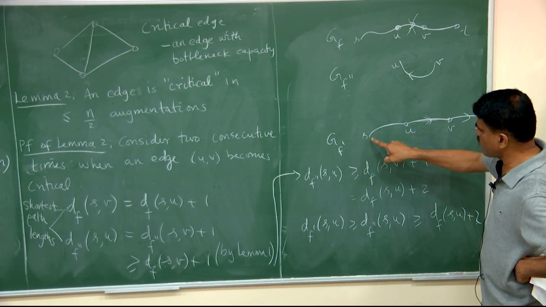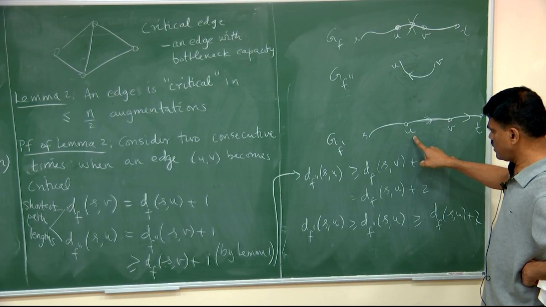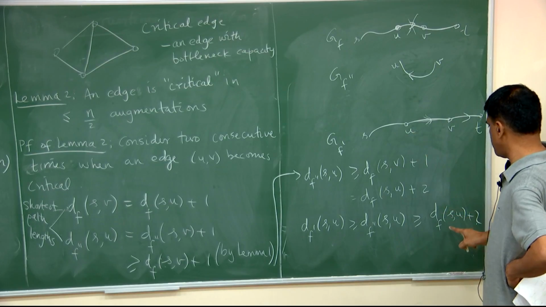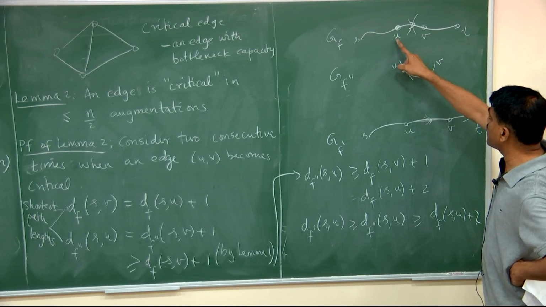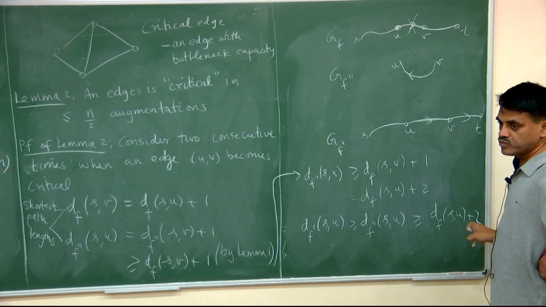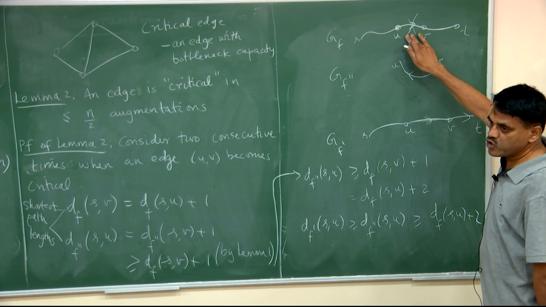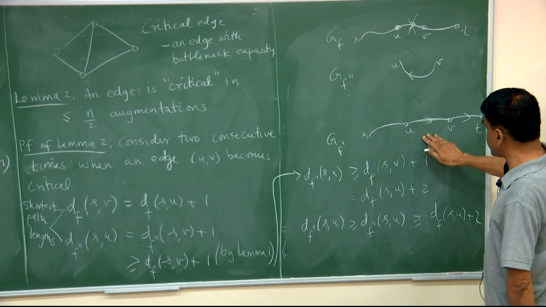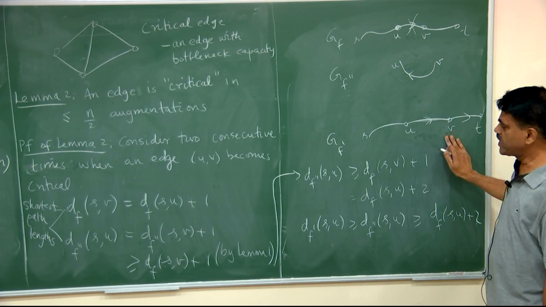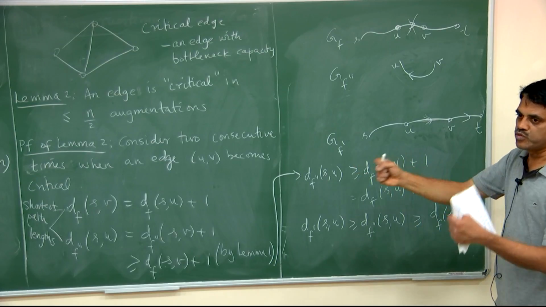The length of the shortest path from S to U here is greater than or equal to the length of the shortest path from S to U when UV was critical before, plus 2. So here is a place where UV was critical, and here is the next time where UV is critical, but the length of the shortest path from S to U has increased by at least 2.